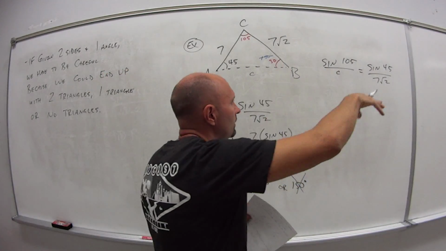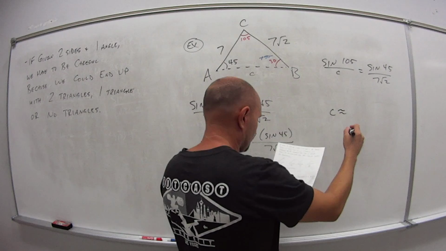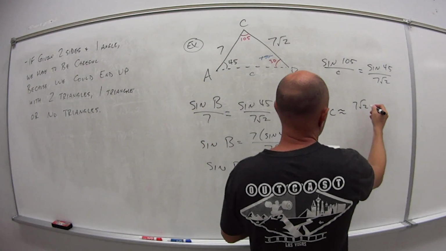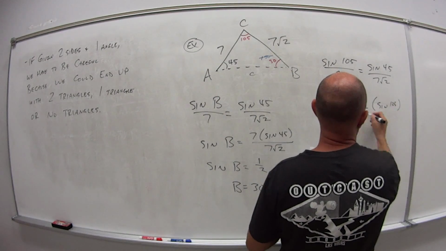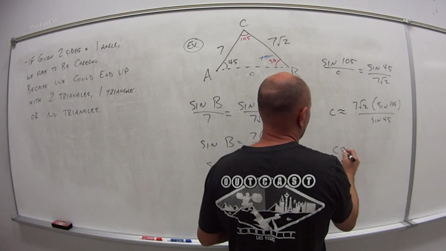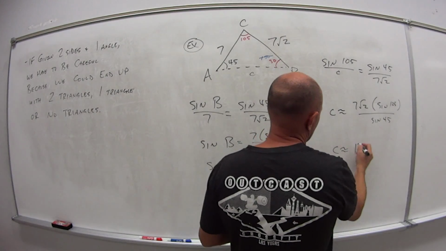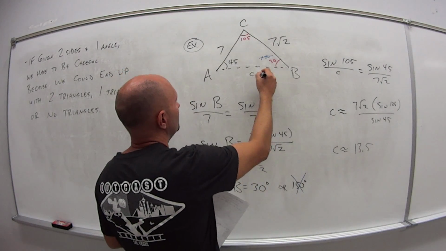Using algebra, I move stuff around and end up with C is approximately 7 square root of 2 times sine of 105 all over sine of 45. If I punch this on my calculator, I get that C is approximately 13.5.